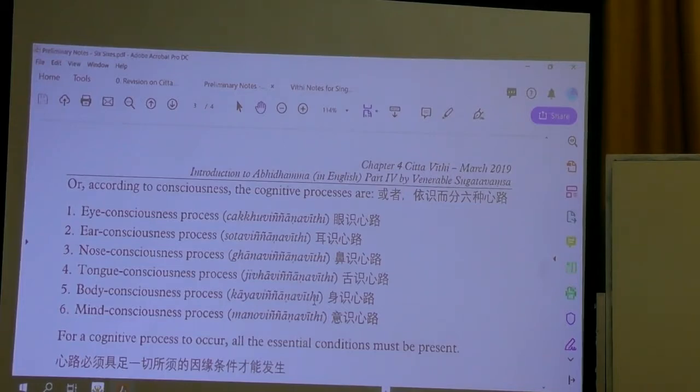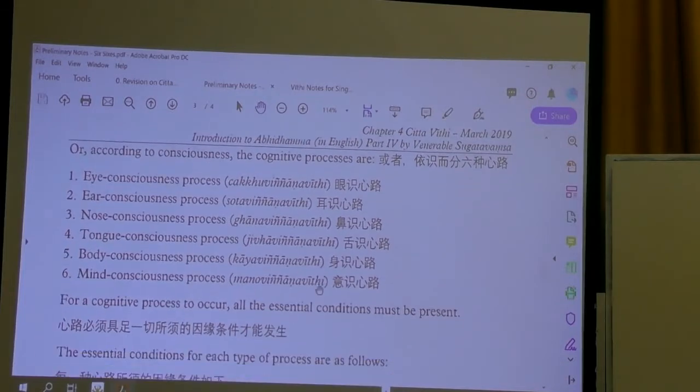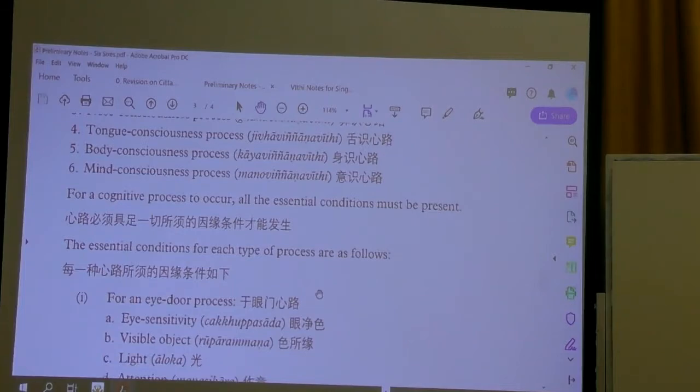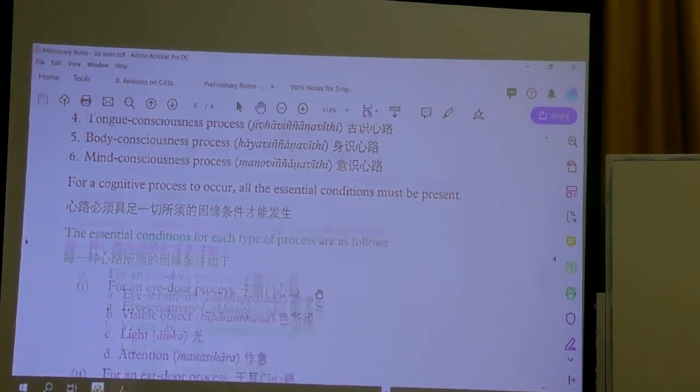Now, if you want to know the eye process, how many conditions are there to arise the eye consciousness process? There are four. The same, no?